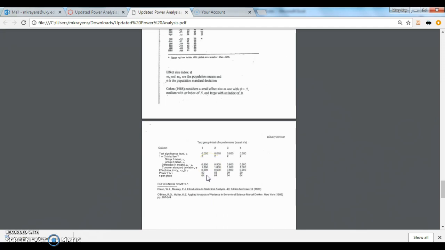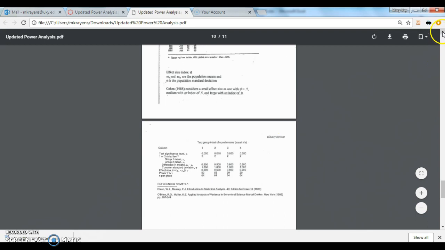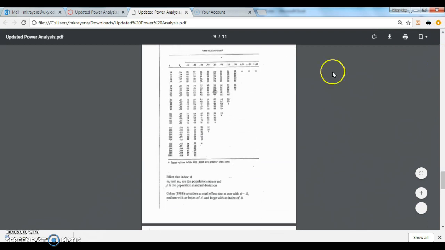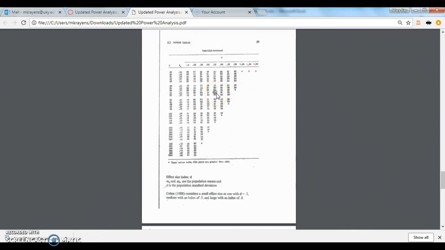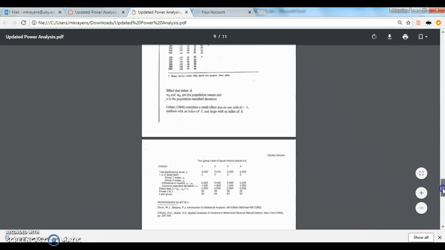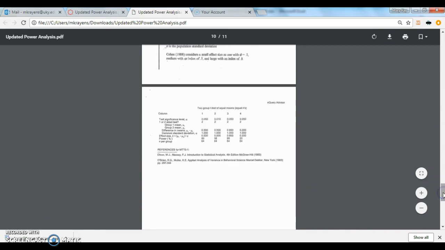I would have 80% power with 64 subjects per group. If you look at the table here, it's a little bit hard to see, but right above the circled entry, if you go up 2 spaces, this is 80, which corresponds to 64 subjects per group, which is exactly what the software is indicating.